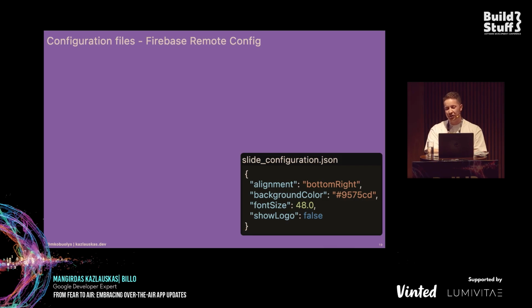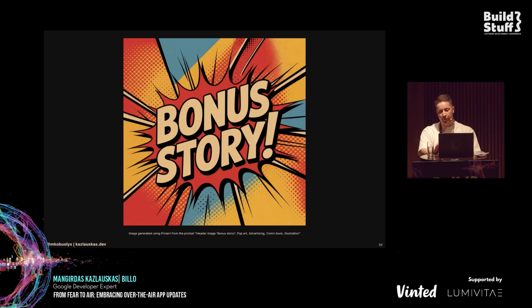Just have a column with a JSON field, that will work. Putting a static file on your server could work as well. It will just be downloaded. If you use this configuration for feature toggling or any specific details of your app, your app needs to be prepared in advance in order for these configurations to work. So this is kind of updating over the air, but your app should be aware of all the options that this configuration could support.